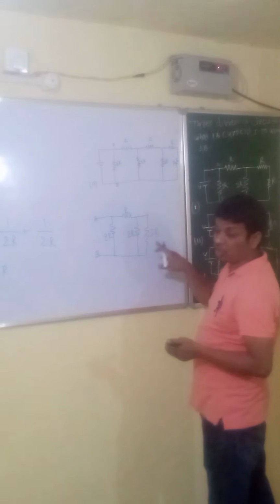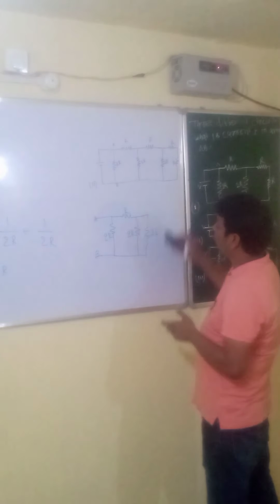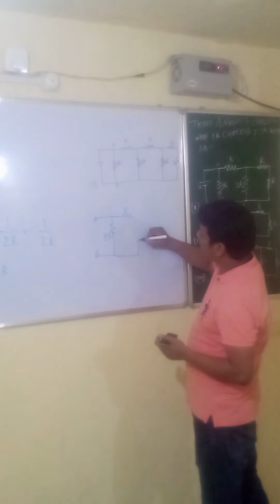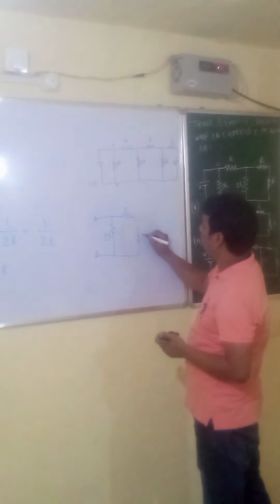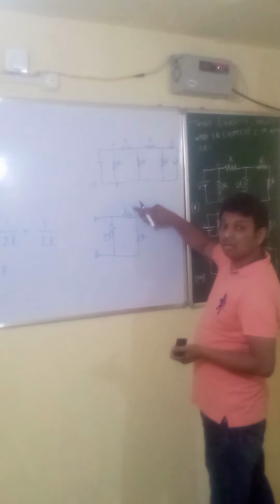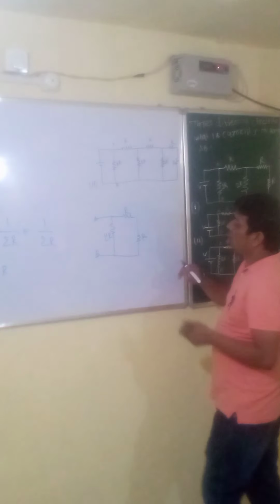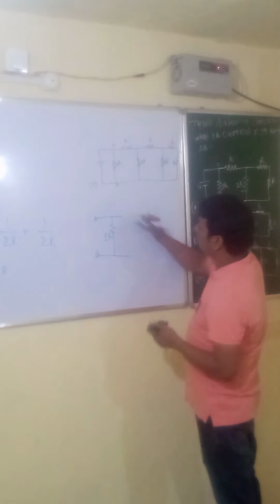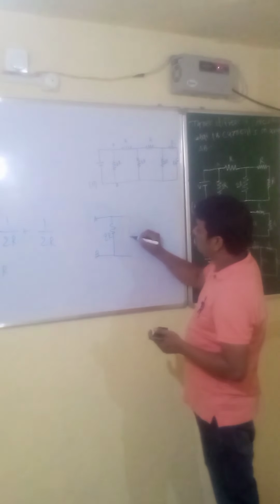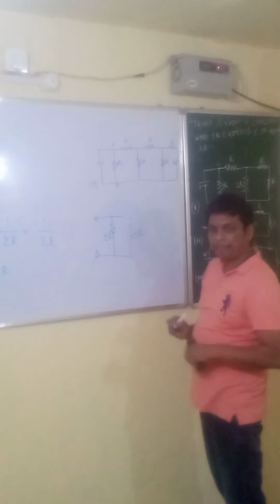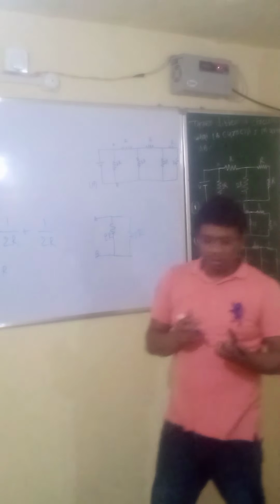Because it is in parallel, after replacing these two resistances, we get the resistance R. This resistance and this resistance are in series. Therefore, we replace these two resistances by an equivalent resistance, which is equal to 2R. Understood?